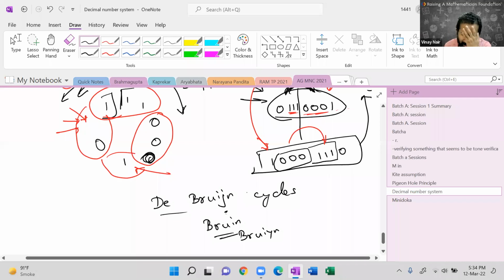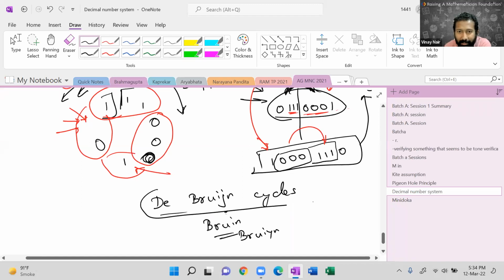I think German, right? Dutch. Okay. Not in French, they say J as J. But sir, this was founded by De Bruijn, who was Dutch apparently. So that is why the name is pronounced as De Bruijn.